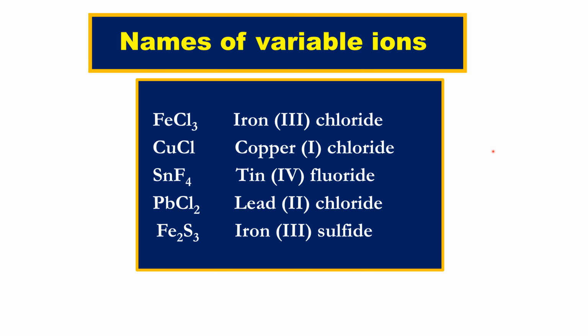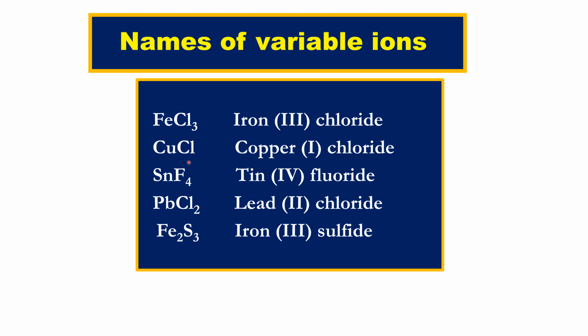Right, we now look at names of variable ions. To name variable ions, you use a Roman numeral after the name of the transition metal. So here FeCl3, the transition metal is iron. So the name will be iron(III) chloride. We use 3 because there are 3 chlorine atoms.